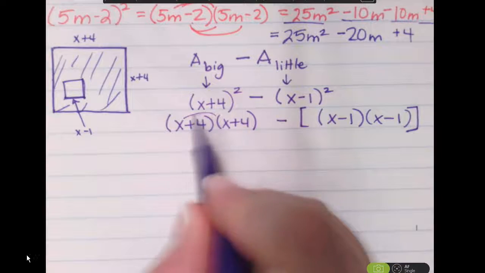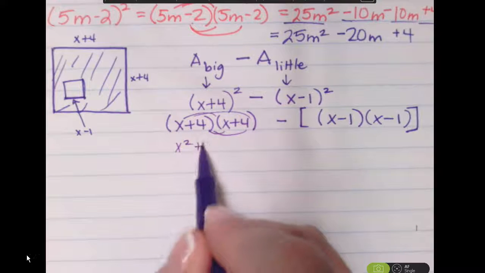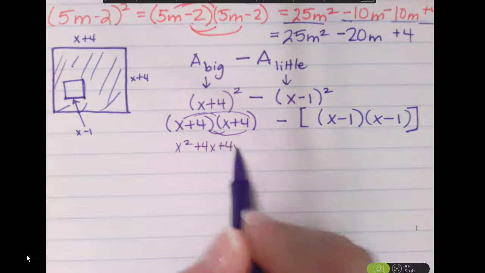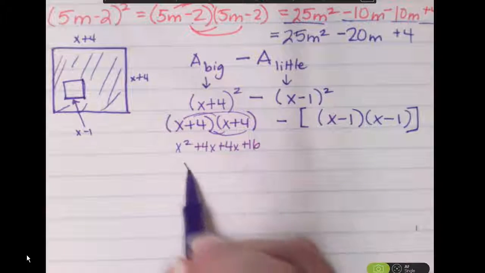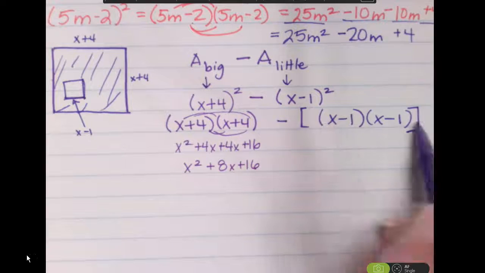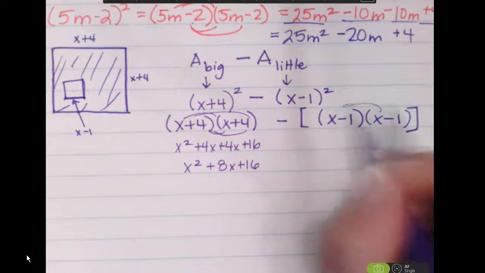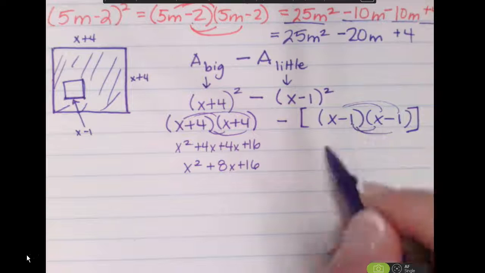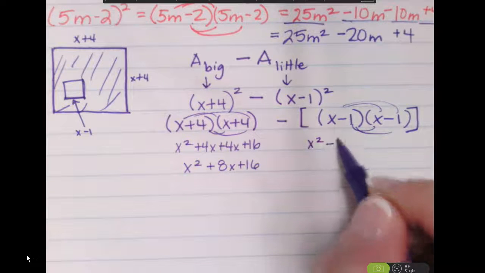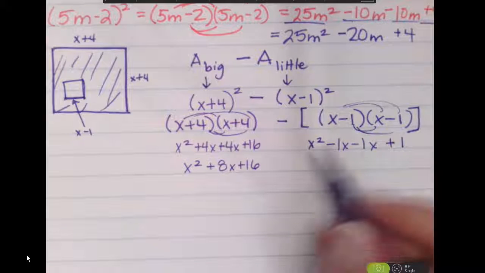So x plus 4 squared is going to be x squared plus 4x plus 4x plus 16, or x squared plus 8x plus 16. And then x minus 1 squared is going to be x times x, x squared, minus 1x minus 1x plus 1.